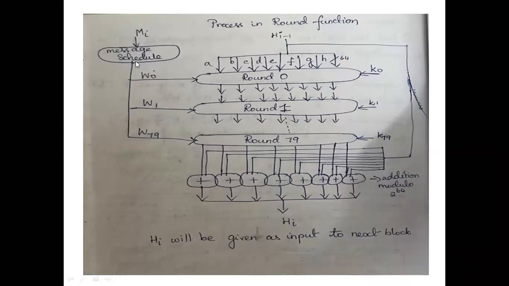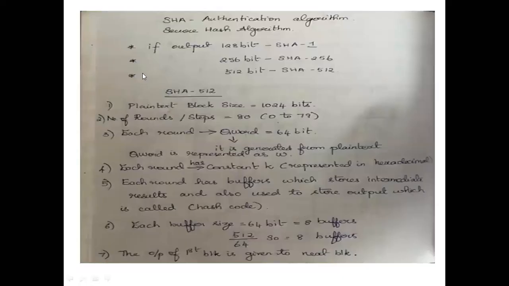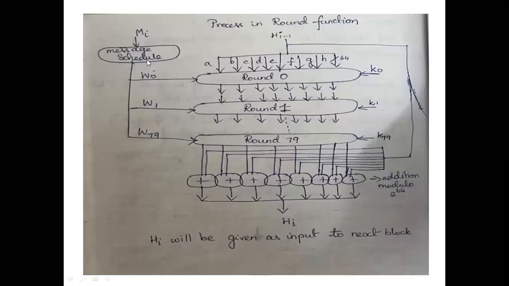And W is nothing but the word. I already told you that each round has a 64-bit word, which is generated from the plain text. Since there are 80 rounds, we need to generate 80 words. Finally, after everything is done, Hi is our hash code, which will be given as input to the next block.